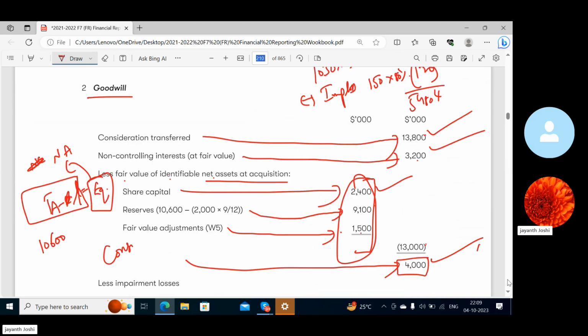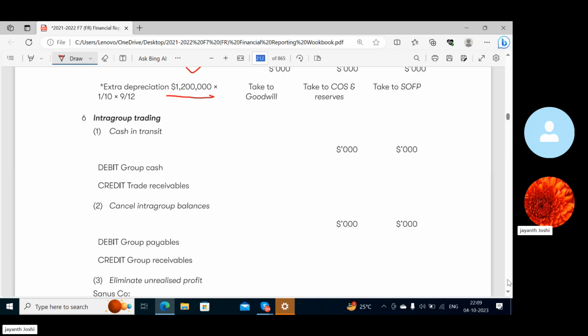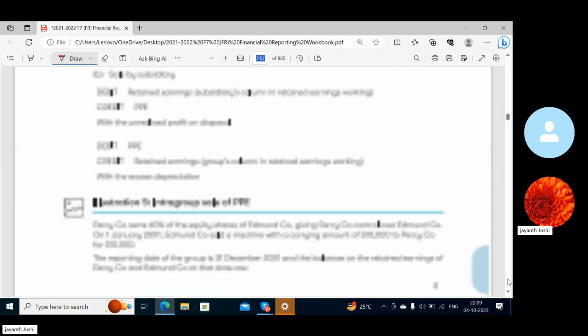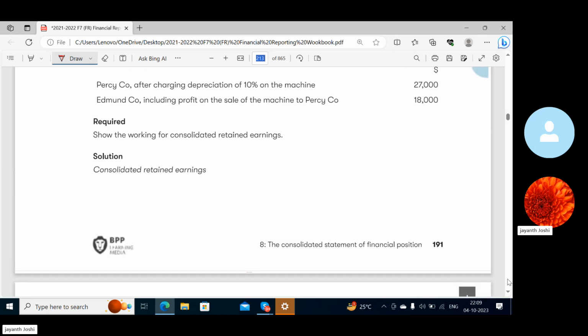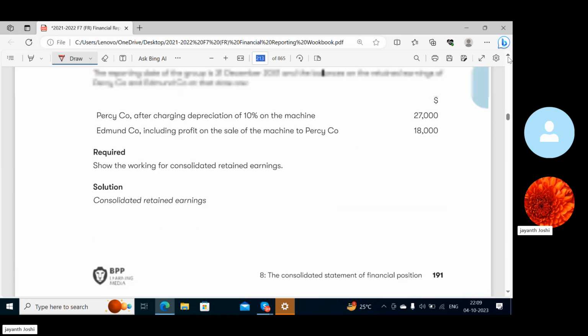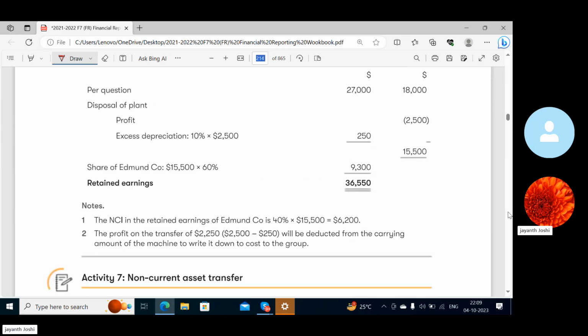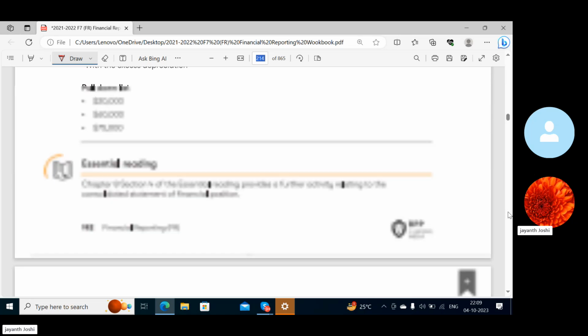So this question is done. One more question we need to do, that is the last one. Intra-group sale of property, plant and equipment. Illustration is there, and then I think an activity is there.